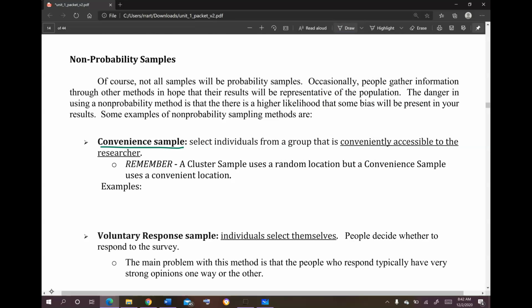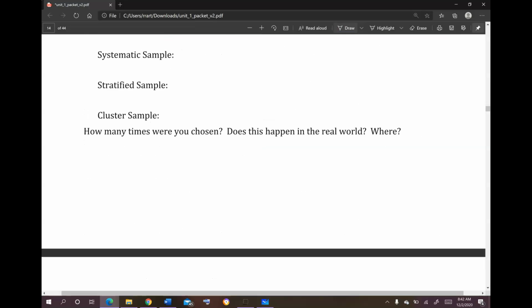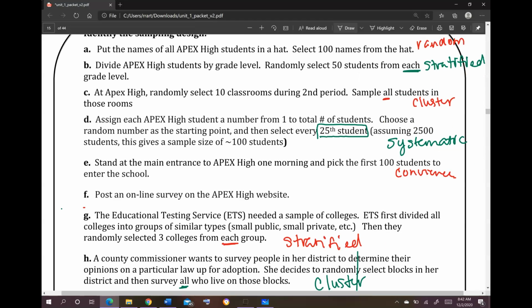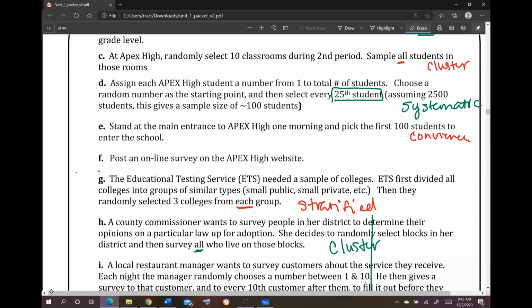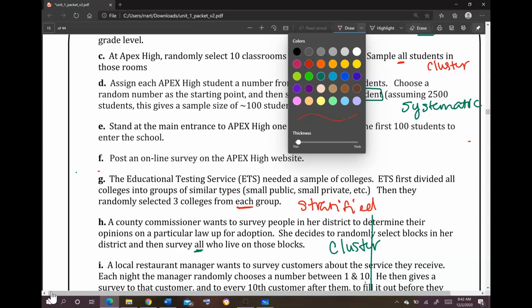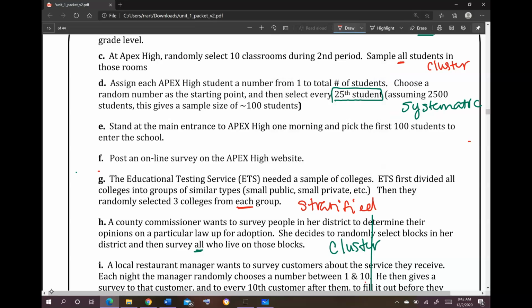So the ones I skipped, if we go back down here, those were convenience. If you look at E, it says stand at the main entrance to Apex High one morning and pick the first 100 students to enter the school. Well, that's not random, because picking the first 100 students is not by chance.